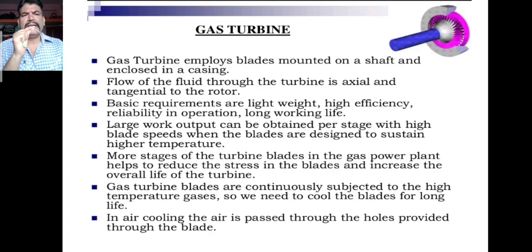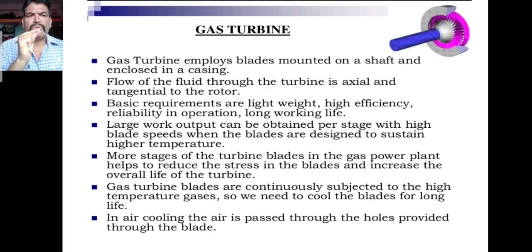A gas turbine employs blades mounted on a shaft and enclosed in a casing. Any type of gas turbine consists of nozzles and moving blades. Nozzles are also called fixed blades, and the blades which move around the turbine are called moving blades.